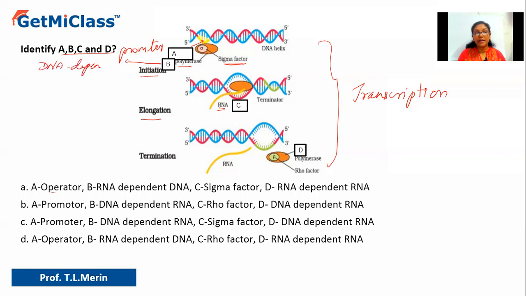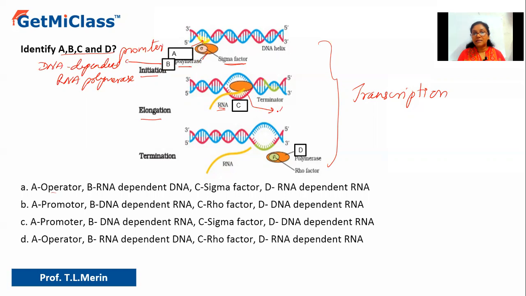Why DNA dependent? I'll tell you. This orange color, whatever they're showing, is DNA dependent RNA polymerase. Why? Because it is dependent on the DNA sequence so as to synthesize the RNA. Let us understand here.